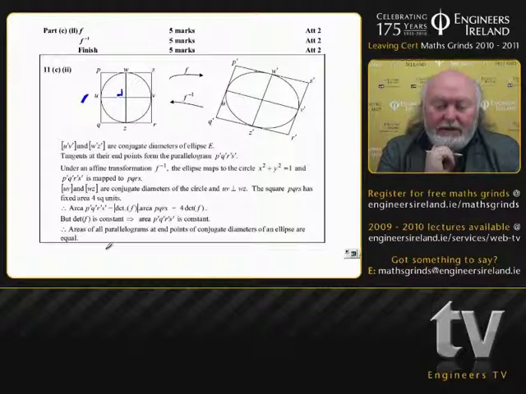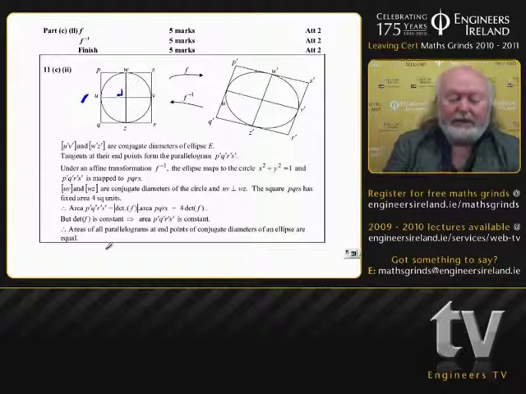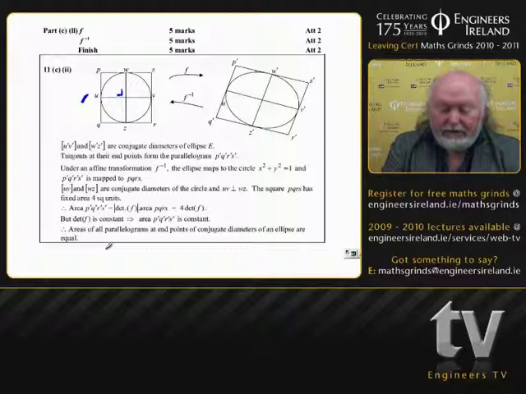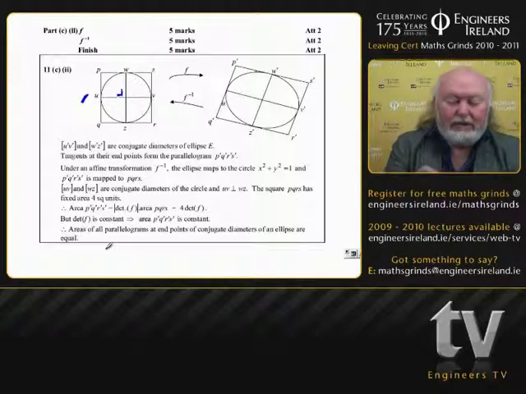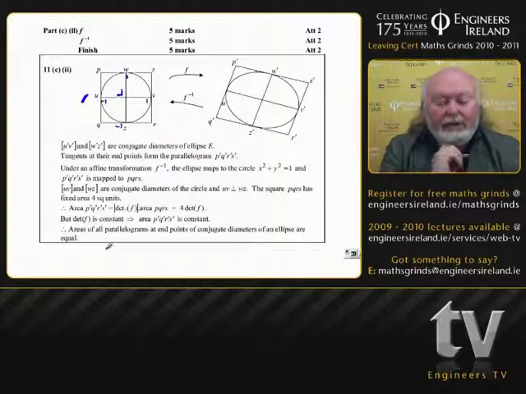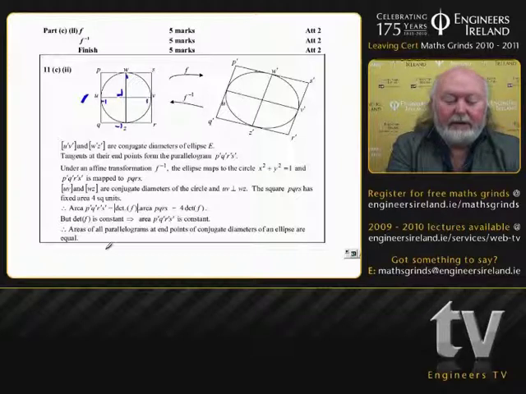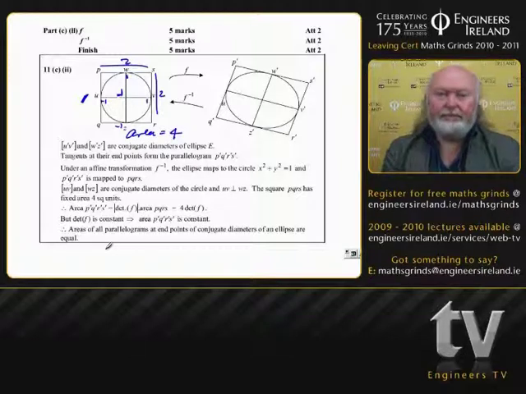And the area of these, the area of the box, and if we're going to call this the unit circle for the moment, 1, 1, minus 1, minus 1. I know the area over here, that length is 2, that length is 2, so the area is equal to 4.